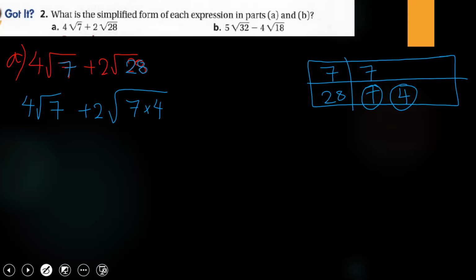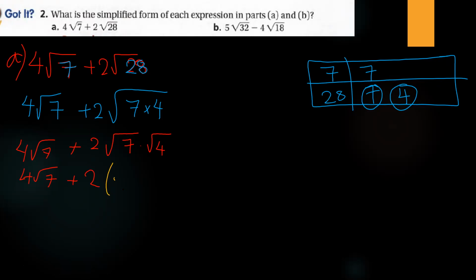Then let's now distribute it like this, plus 2. Now, can I simplify square root of 7 or square root of 4? Square root of 4. What is the square root of 4? 2. 2 square root of 7.